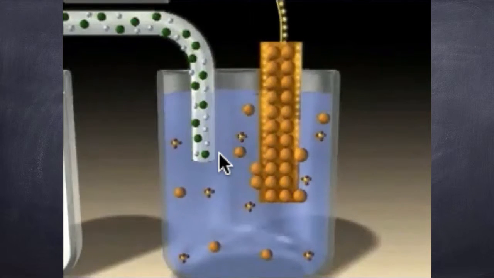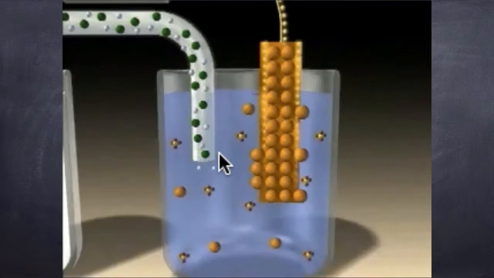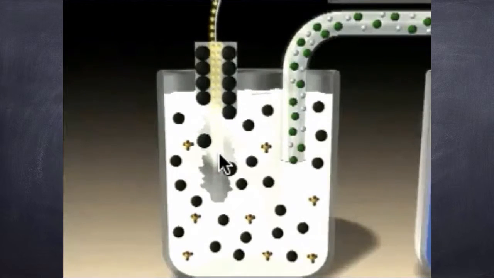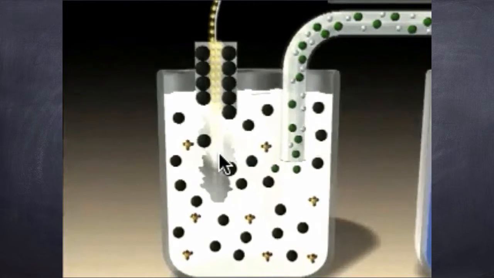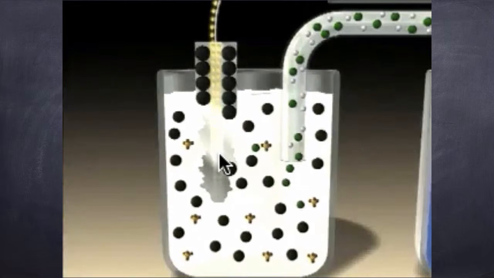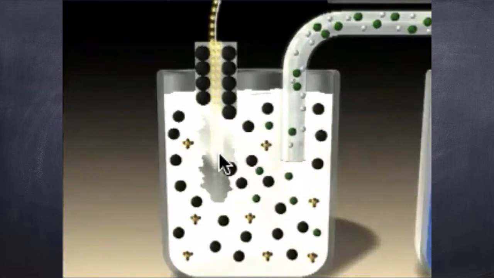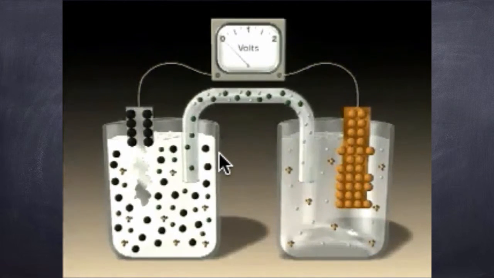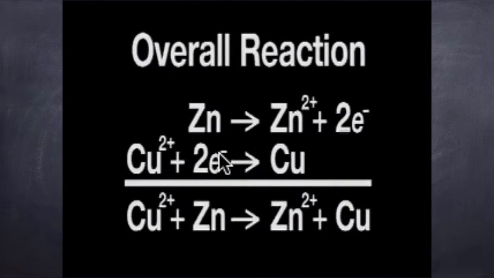At the same time, the loss of copper ions from the copper sulfate solution creates an excess of negative sulfate ions. Positive sodium ions migrate into the copper sulfate solution from the salt bridge, while negative chloride ions migrate from the salt bridge to the zinc solution and maintain neutrality of the solutions. The reaction stops when the zinc bar or copper ions are depleted. The overall cell reaction can be written like this.